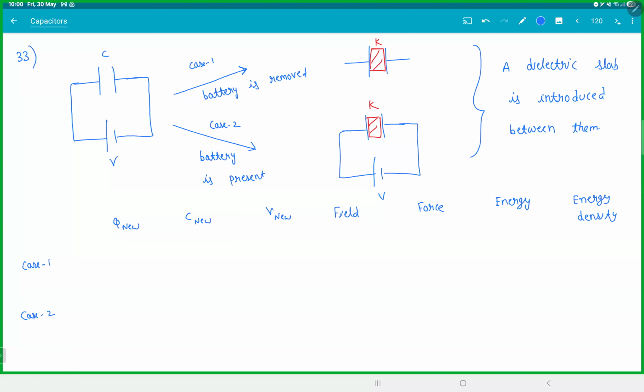Right. What happens if you remove the battery? Charge remains constant. What happens if you keep the battery? Voltage remains constant. नहीं Aditya, you goofed up the energy density and you got the force का answer lucky.